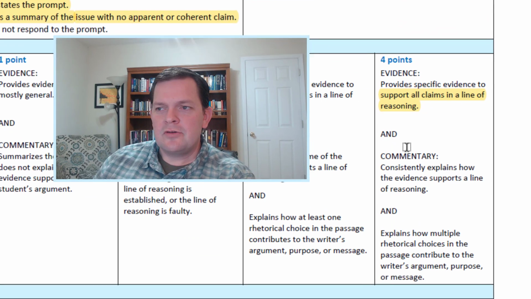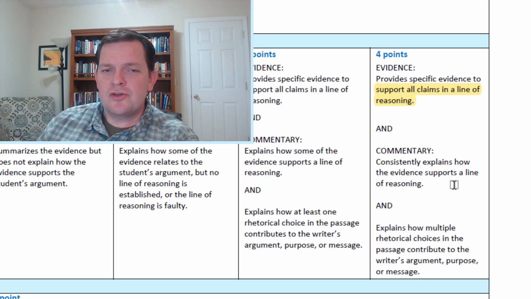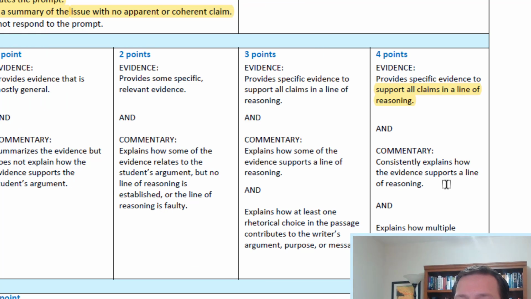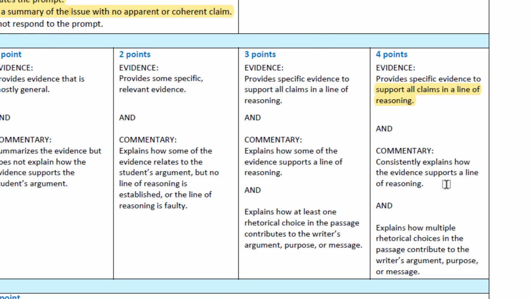The other thing here is make sure that you are using the quotations. Do not assume that your reader knows why you use a quotation. Do not assume that the quotation is so obviously in support of your point that you don't need to talk about it.